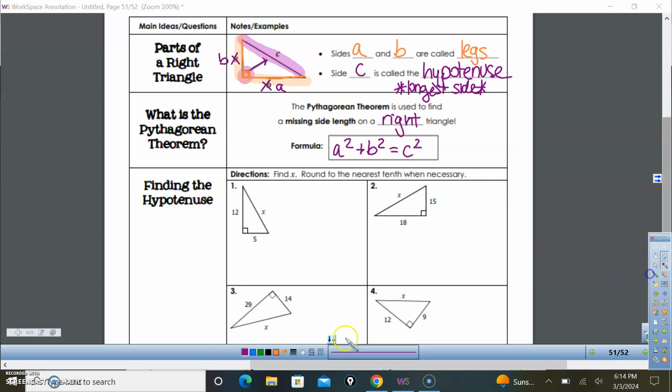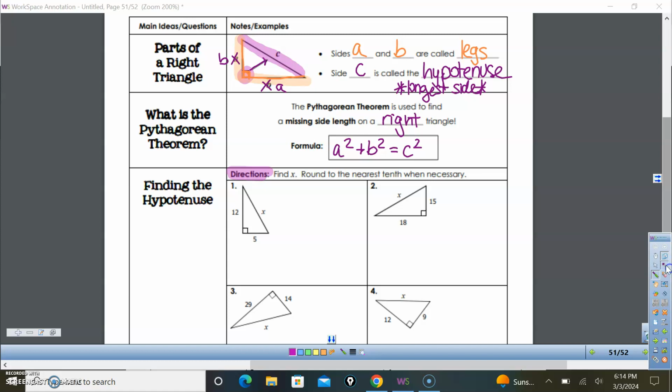So if we jump down to our next section, our directions here tell us that we need to find x. So we'll be solving for an unknown or for a variable here, and we have to round to the nearest tenth when necessary. But probably the most important thing when you go to use the Pythagorean theorem is, I highly recommend that you identify your hypotenuse first.